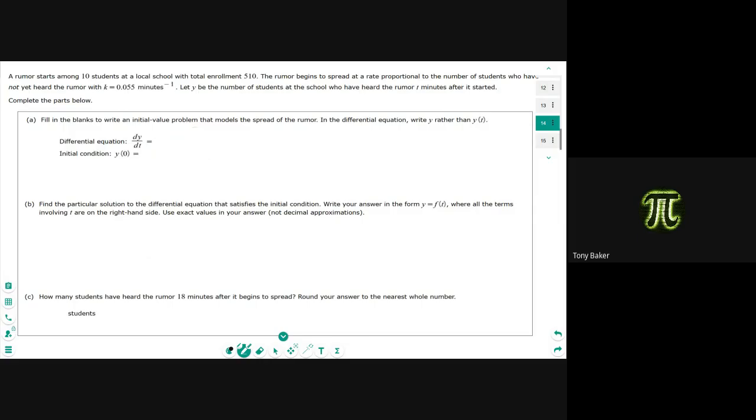The rumor begins to spread at a rate proportional to the number of students who have not yet heard it, with k equal 0.055 minutes to the negative first power. So that means it's 1 over that. Let y be the number of students in the school who have heard the rumor 2 minutes after it started.